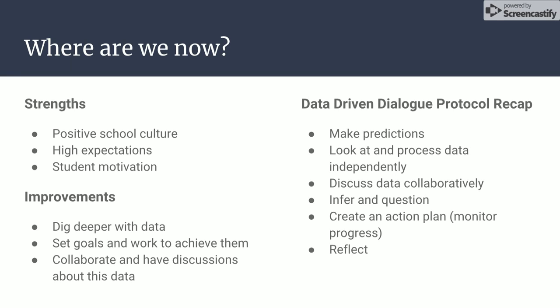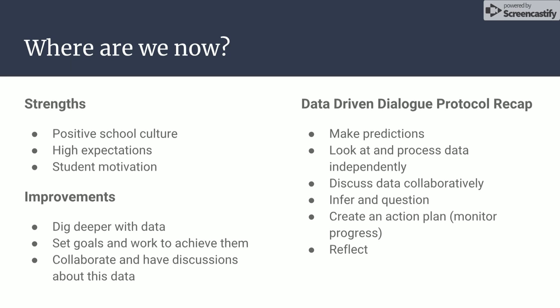Now, the first thing that you do with data-driven dialogue protocol is you make predictions, and that's before you even see the data. Then you get the data and you look at it and process it independently. Next, you go and discuss it with either a small group or large group setting. Then you infer or question. You try to make educated guesses on what you think is happening.